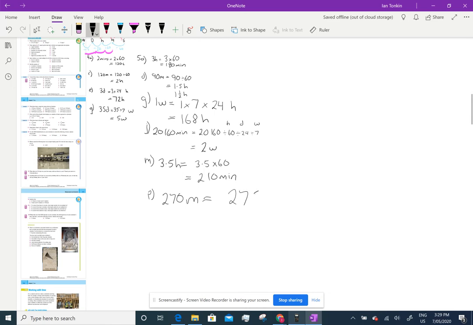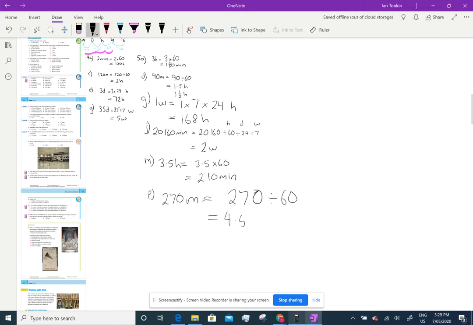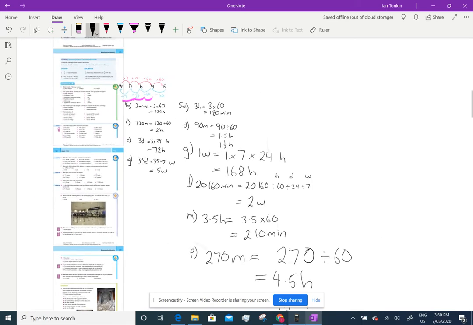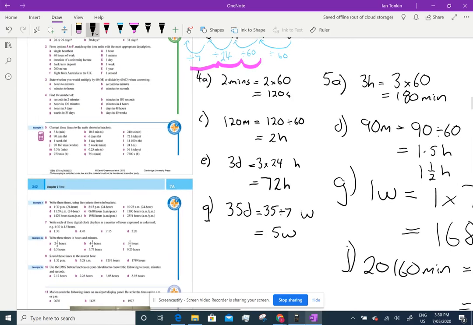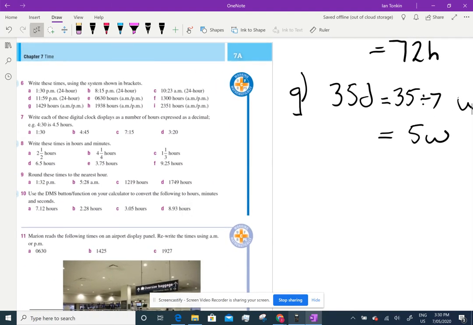Well, that's 270 divided by 60. 4.5, or 4.5 hours. So you should be able to do the other two columns, which is what I think you're meant to do anyway. Last two columns. Let's have a look at these.